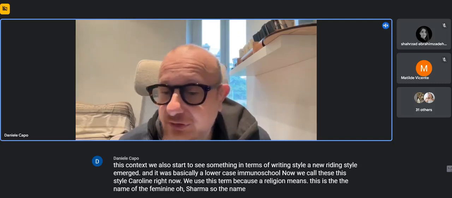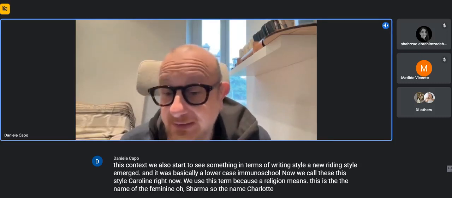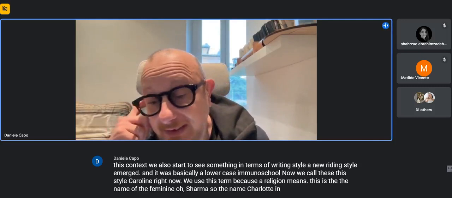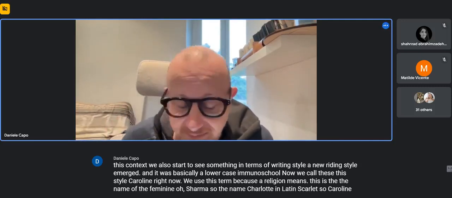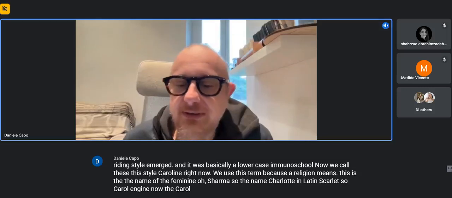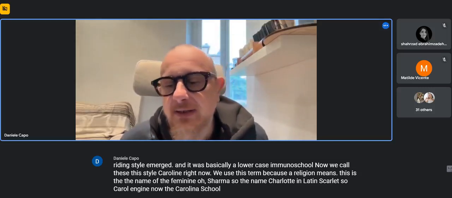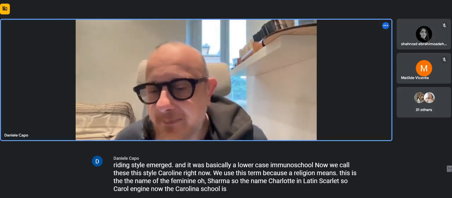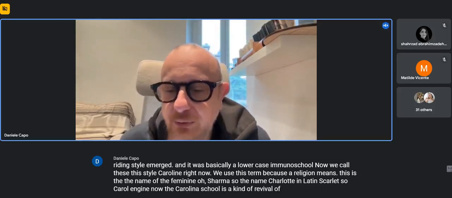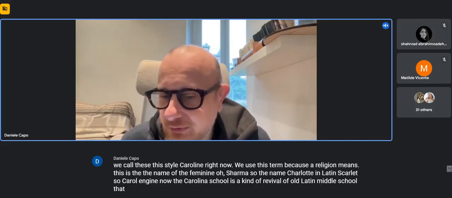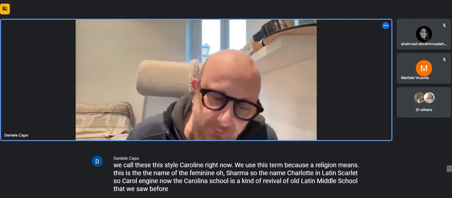The name Charles in Latin is Carolus, so Carolingian. The Carolingian minuscule is a kind of revival of the old Latin minuscule that we saw before.